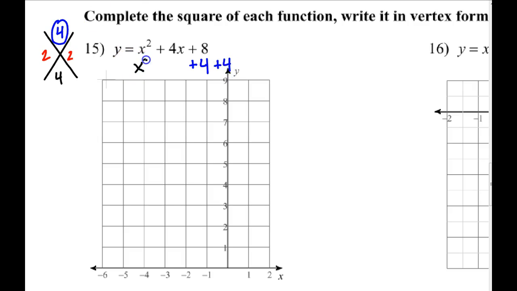So what we have now is x squared plus 4x plus 4, and this part right here, what does that factor to? X plus 2 squared. Right?